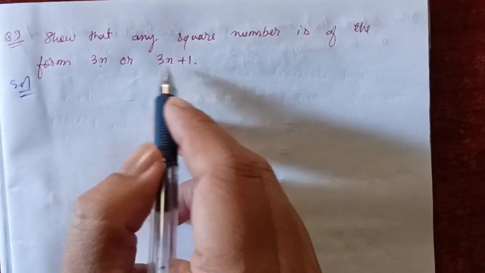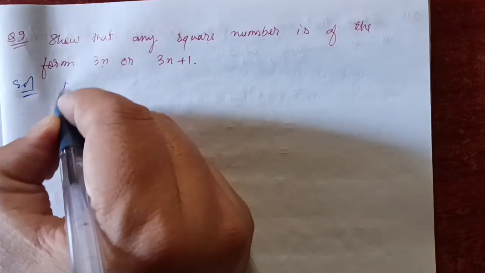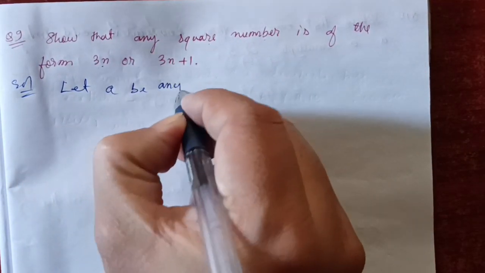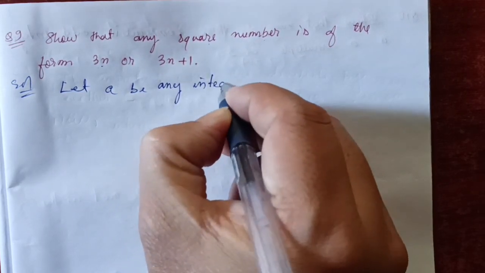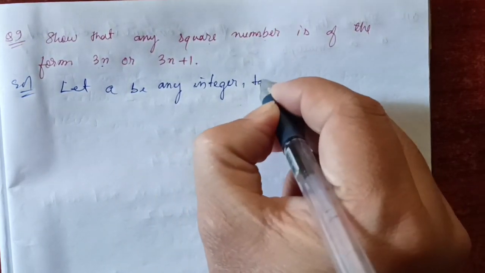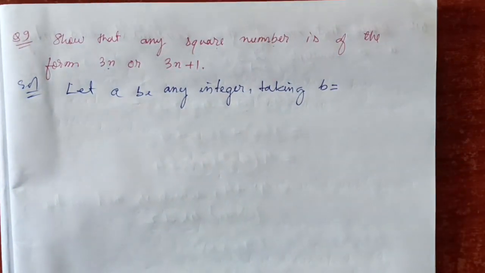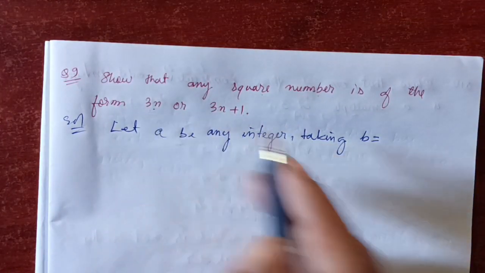I told you, for such types of question when the form is given, how to start. Let a be any integer, taking b equal to, here what is the number? 3, right?